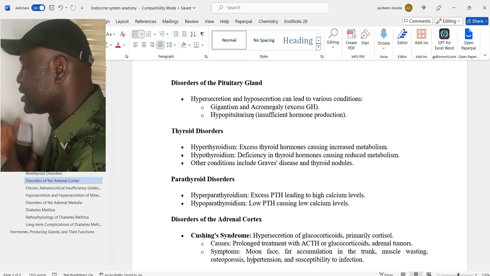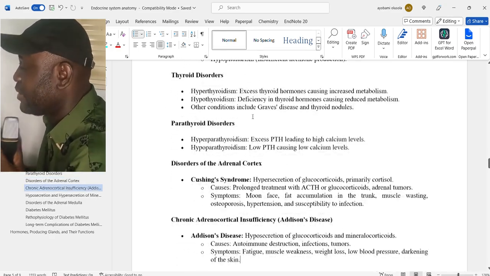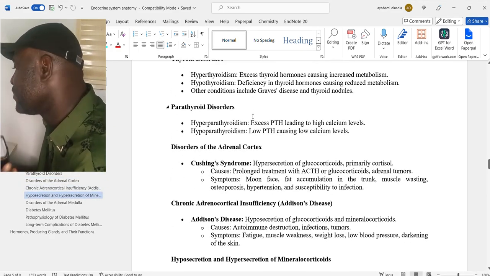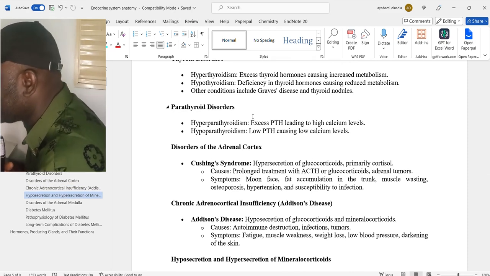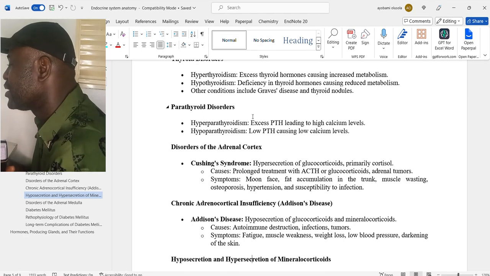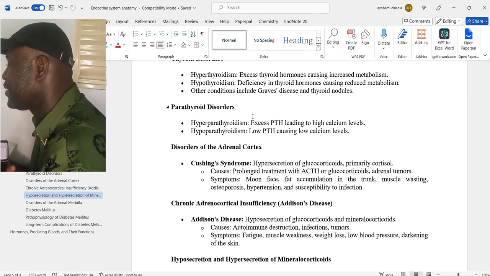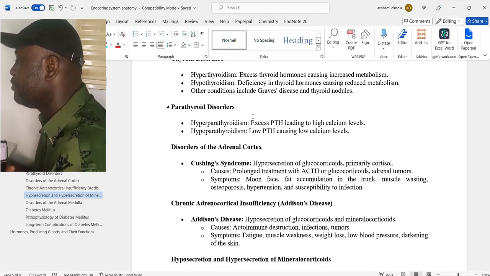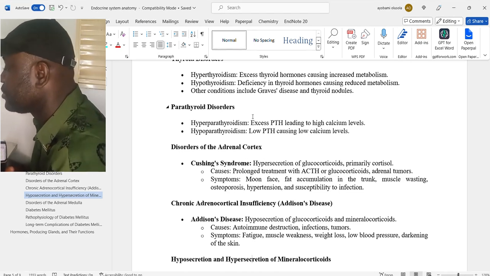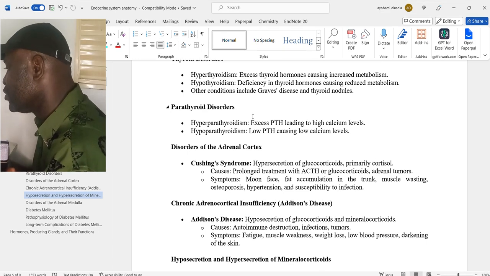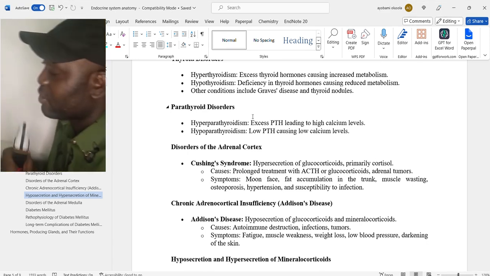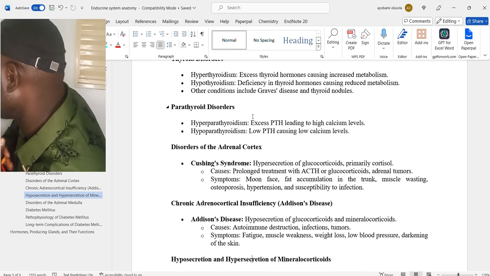Other conditions that can affect the thyroid gland include Graves' disease and thyroid nodules. For the parathyroid gland, hyperparathyroidism, excess parathyroid hormone, will lead to high calcium levels, while hypoparathyroidism will lead to low parathyroid hormone and also low calcium level.